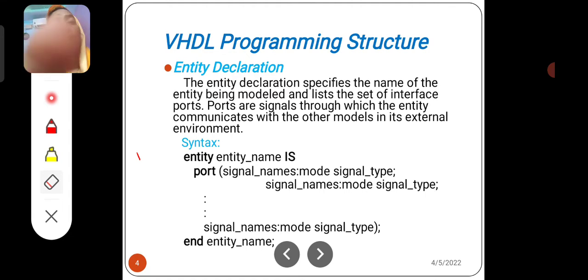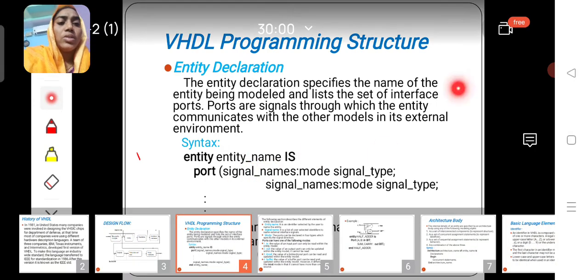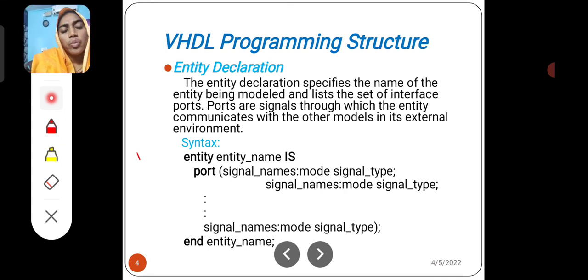The syntax of an entity starts with the keyword entity, followed by the entity name, is. Port will give the information about inputs and outputs: port, brackets, signal names, colon, mode and signal type. Signal names are nothing but inputs and outputs. We have different types of modes, and signal type.